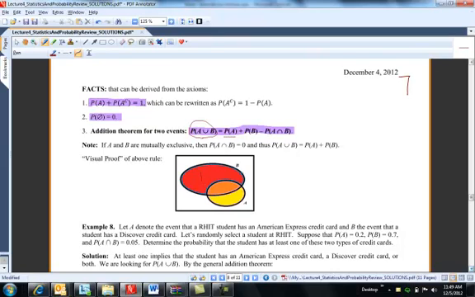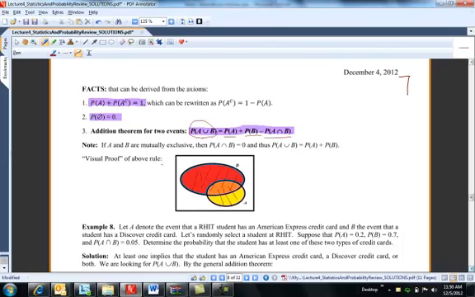Probability of A would be the yellow and the orange, so it's this region right in here. Probability of B would be the red and the orange, so it's this region right here. You can notice that I double counted this orange in the middle, so I have to subtract off that intersection. So that's how we find the probability of A union B.